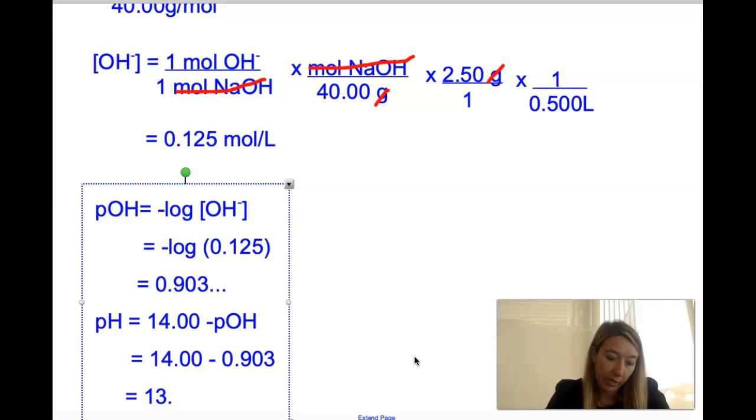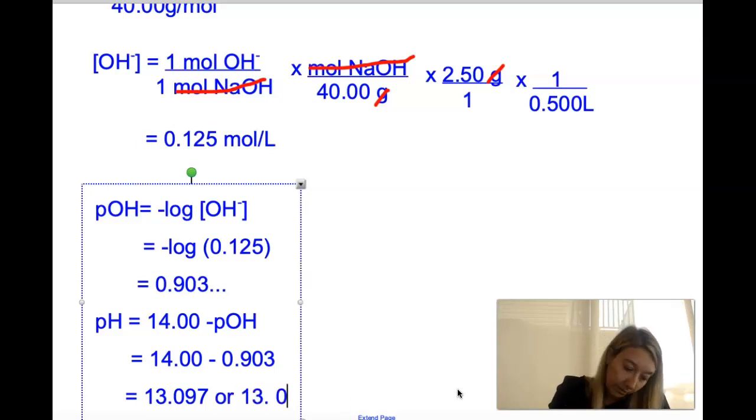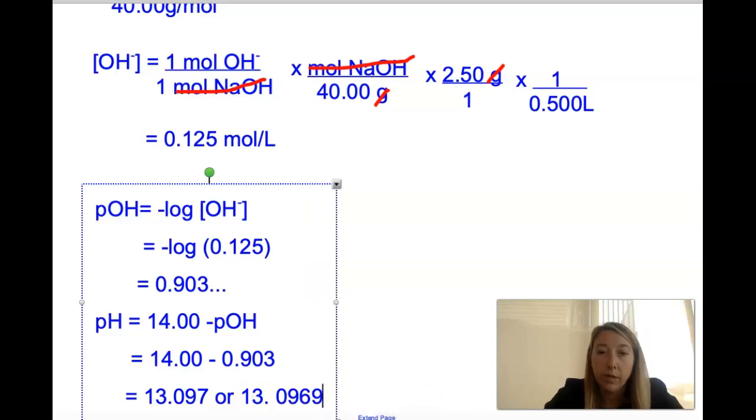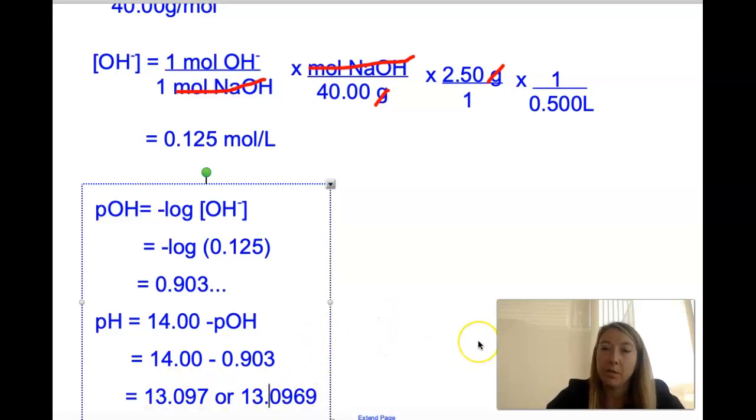So we're going to go 13.097. Oftentimes we don't count the 0. Sometimes when it comes to pH, we do count the 0. So I would accept either of those, because 3 numbers after the decimal, and that 0 sometimes is and sometimes isn't.